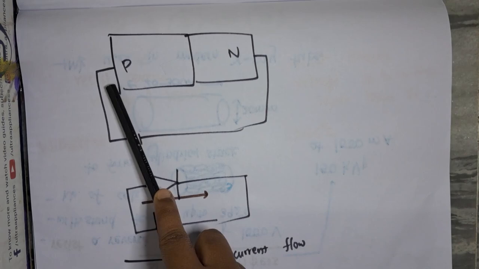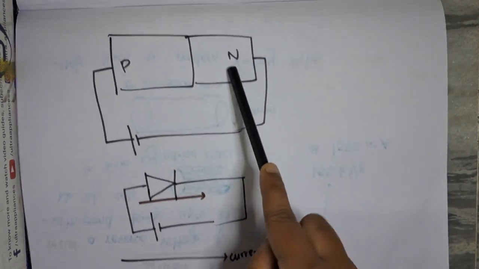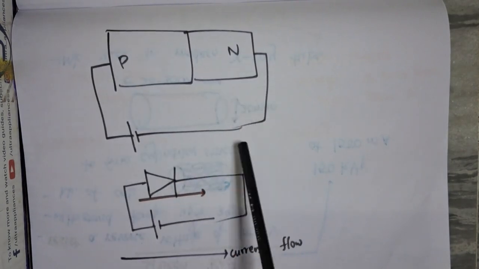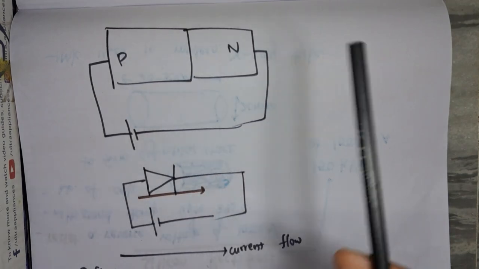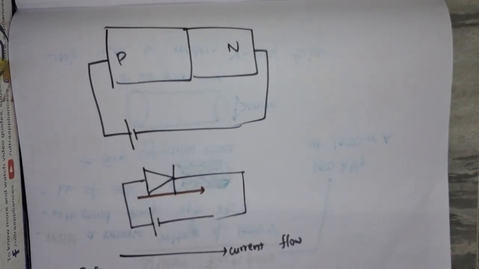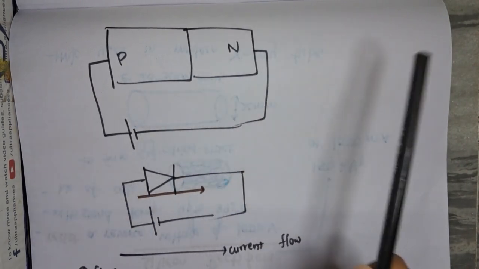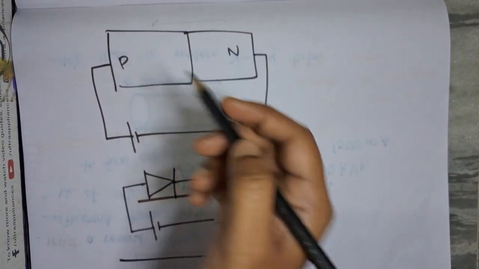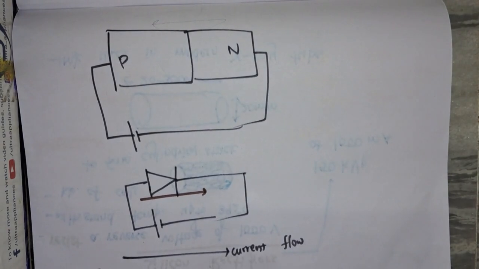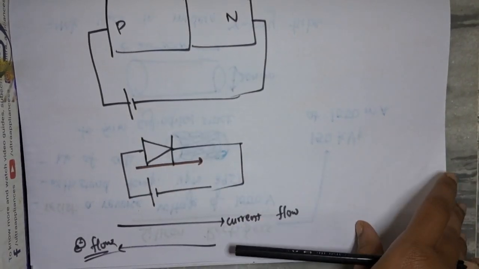The direction of flow of current is opposite to the direction of flow of electrons. So if electrons are moving in this direction, the current will flow from P to N, whereas the electrons flow from N to P.